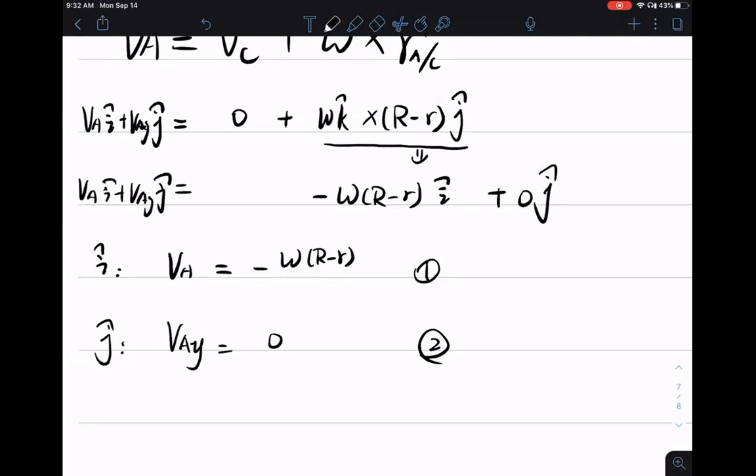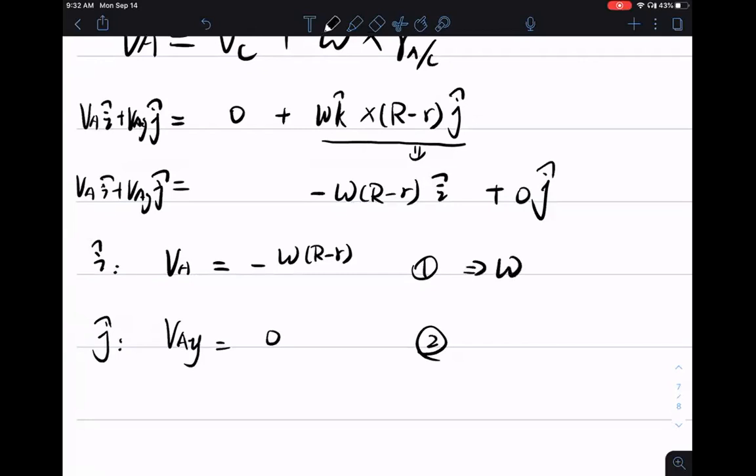So what we did was break this vector equation into two scalar equations, 1 and 2. If we look at the scalar equation on i direction, the first equation, VA is given, R is given, small r is given. This omega is the only unknown. So we can use that to find out what omega is. Omega can be written as negative VA over (R minus r).